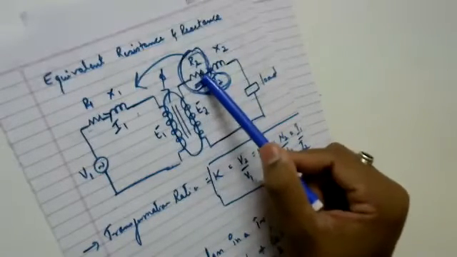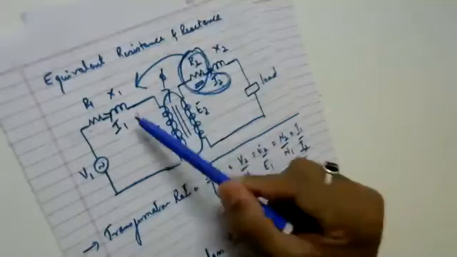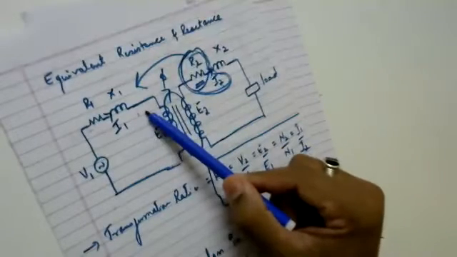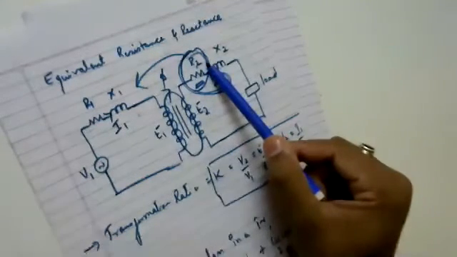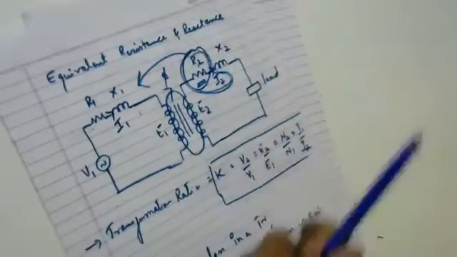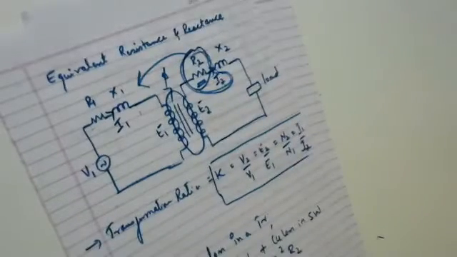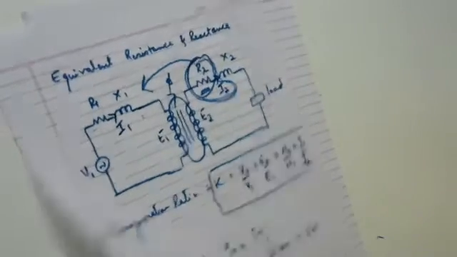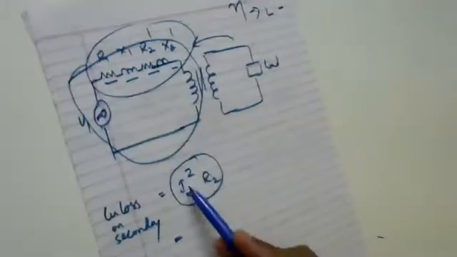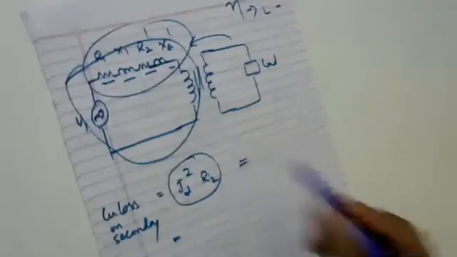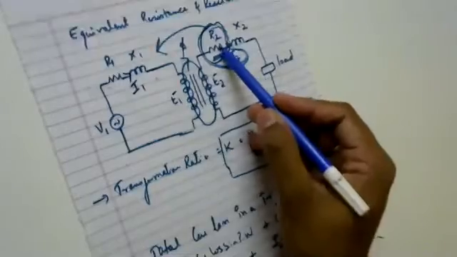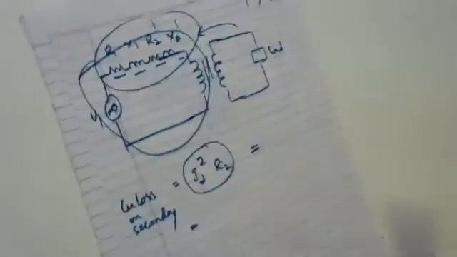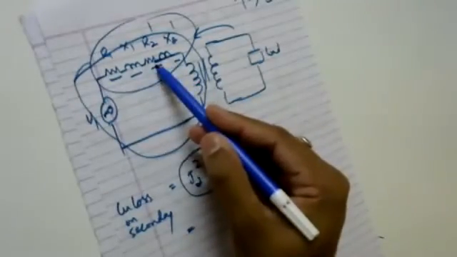Even though I am transferring this R2 from secondary to primary, the copper loss incurred because of the resistance R2 should remain one and the same. So I2 square R2 will be equal to... when I transfer this R2 from secondary to primary, where is my R2? Here.